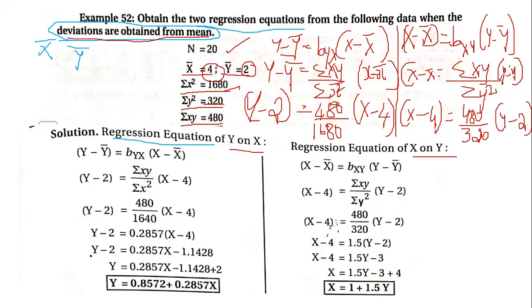Fine. Now next step, you will have to divide these two. 480 by 1680. If you divide, what do you get? You get 0.2857. And on the other side, 480 by 320, you get 1.5. Here, all the values are positive in nature, so you will have to consider plus only.